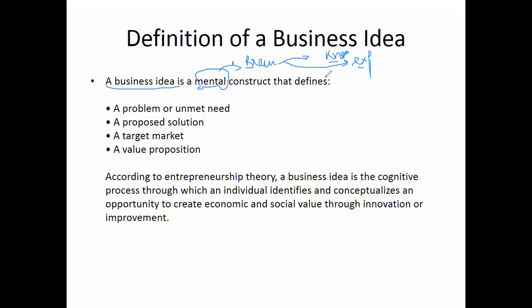A business idea is a mental construct that defines a problem or unmet need, a proposed solution, a target market, and a value proposition. These are the four representations of the idea. It can be a need: we have to satisfy a need. It can be the proposition of a solution: you have to solve a certain problem in the market.